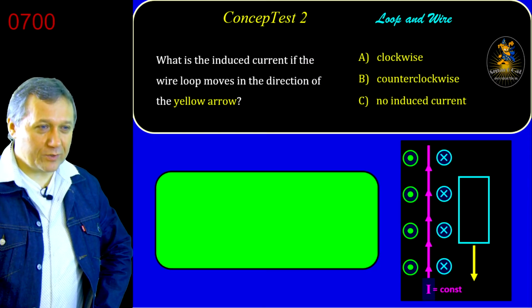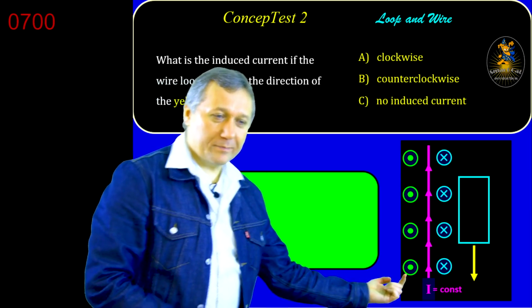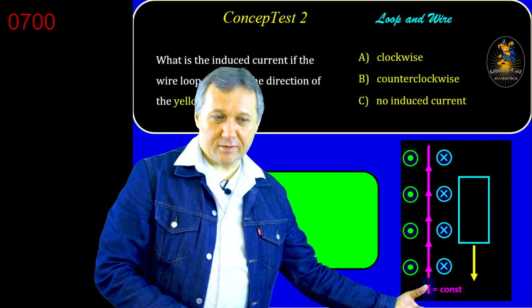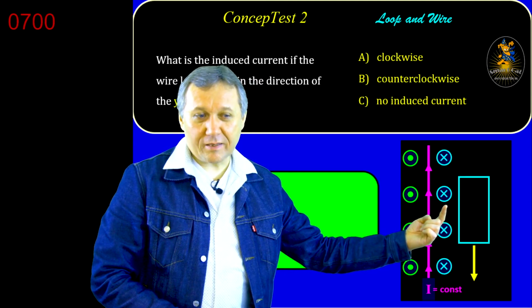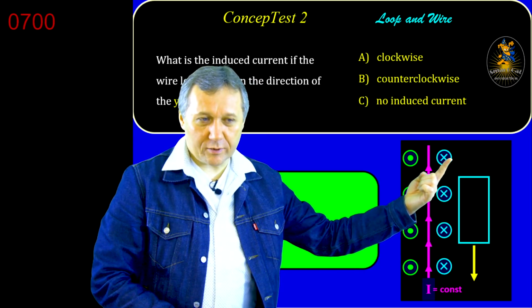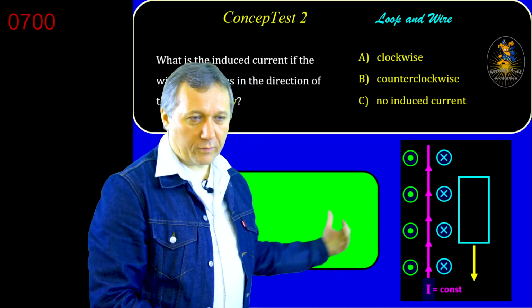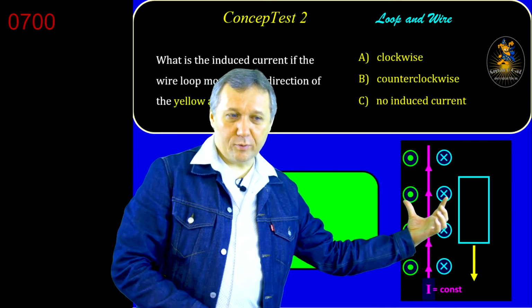Somewhat similar situation, but now again, current is still, you see the wire, current is up, but current stays constant. And magnetic field lines are given. So you see direction of the magnetic field. On this side, it's into the screen. Over here on this side of the wire, it's out of the screen. So you see this blue and green.